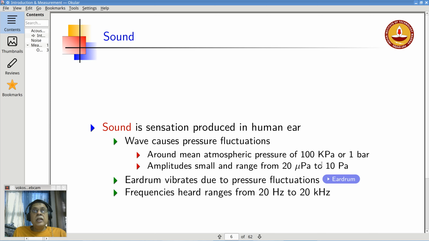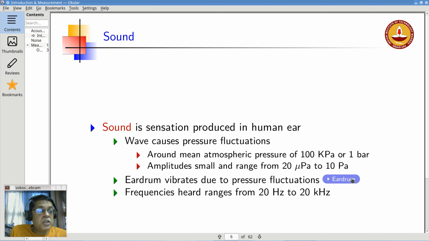The amplitudes of these sound waves are actually very small. They typically start from 20 micropascals, which is called the threshold of human hearing. If the amplitude is smaller than that, then a normal human being doesn't hear it. The typical range is from 20 micropascals to 10 pascals or maybe even more.